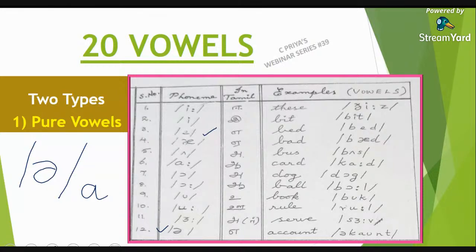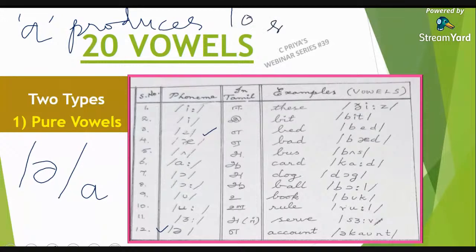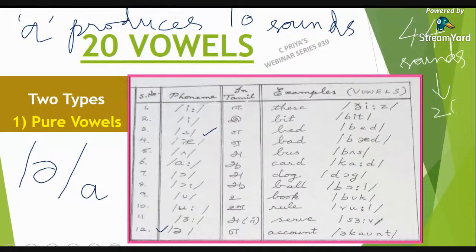Can you believe that letter A produces 10 different sounds? Letter A only produces 10 different sounds. As I told you already, there are 44 sounds from 26 letters, right?